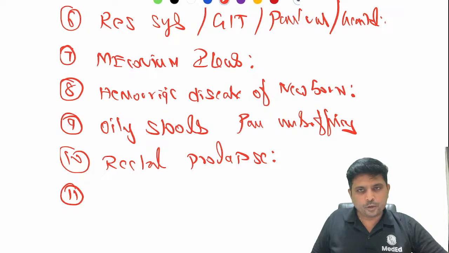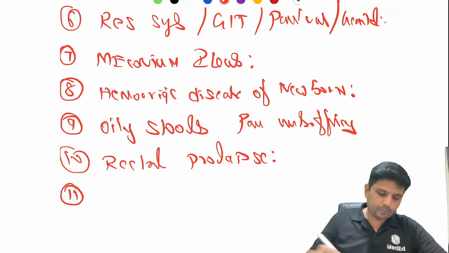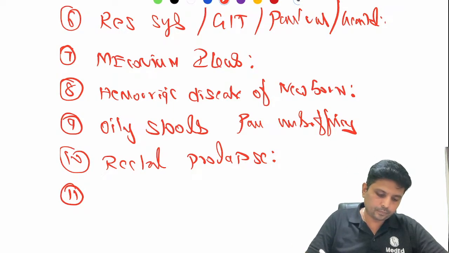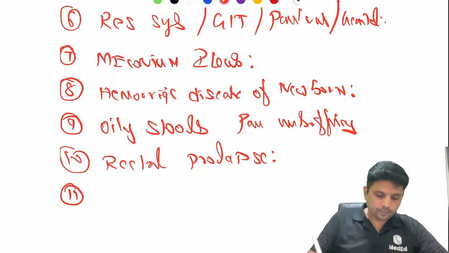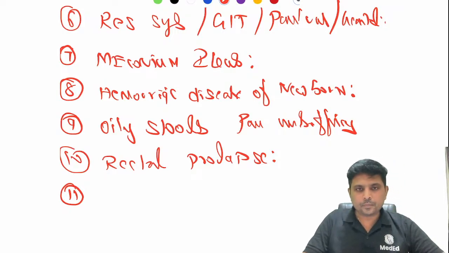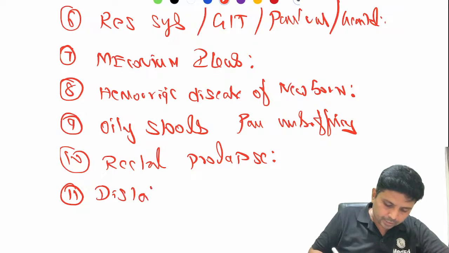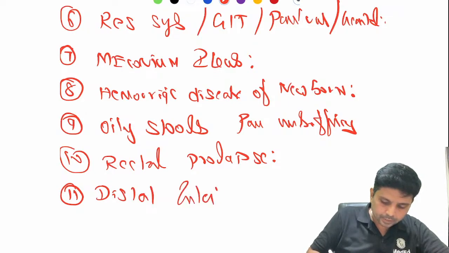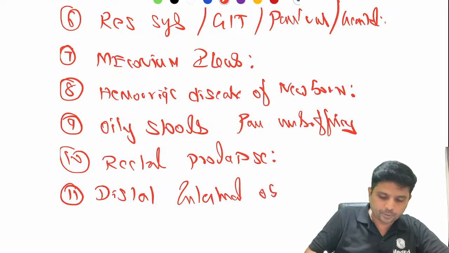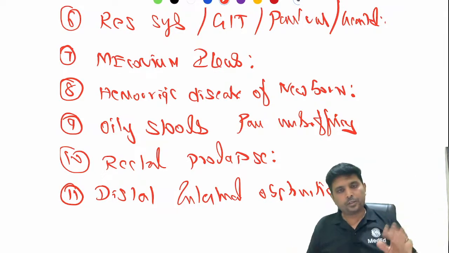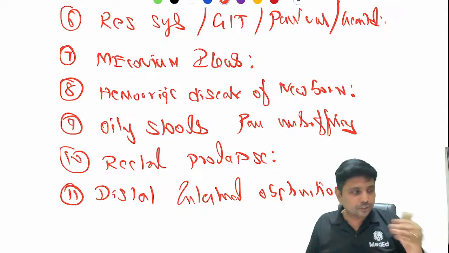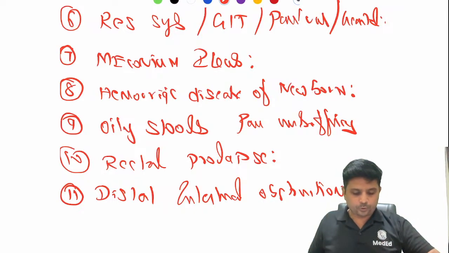Hemorrhagic disease of newborn, oily stools, rectal prolapse. It can also manifest as distal intestinal obstruction and present with constipation. They will ask you what are all the manifestations of cystic fibrosis.